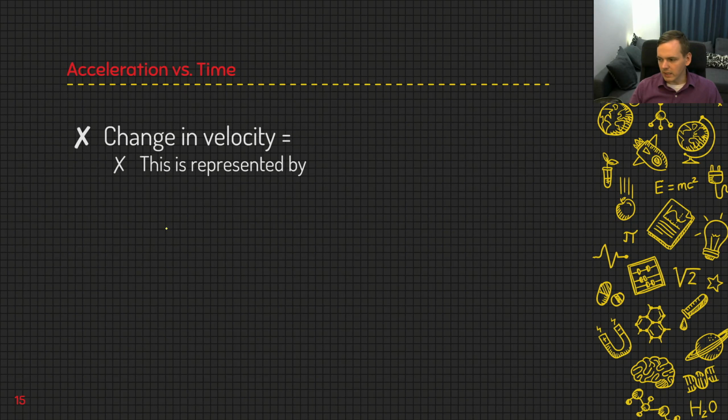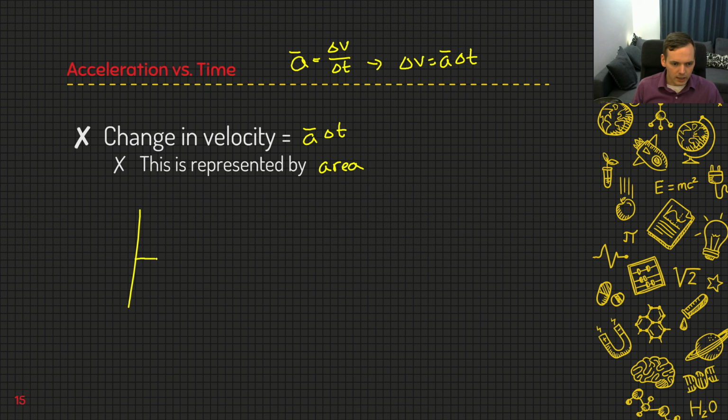Lastly, we're going to look at acceleration versus time graphs. And remember, for change in velocity, we're going to do the same thing we did with the velocity versus time graph for position. I'm going to rearrange this and get that the change in velocity is the average acceleration times change in time. And this is represented by an area. And again, that area can be positive or negative.